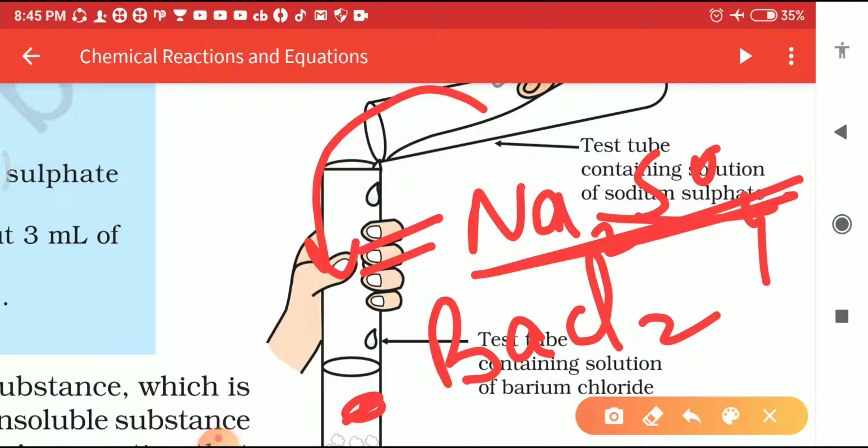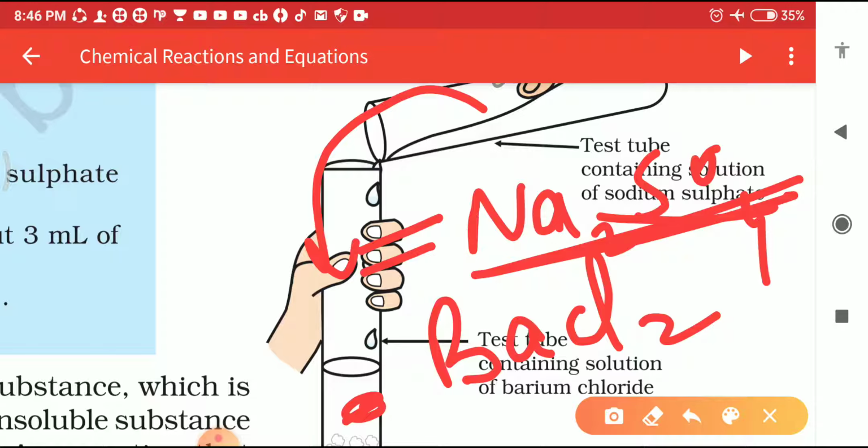Then what happens when we mix them? Now you will see barium chloride and sodium sulfate are your reactants. Both are solutions and both are reactants.